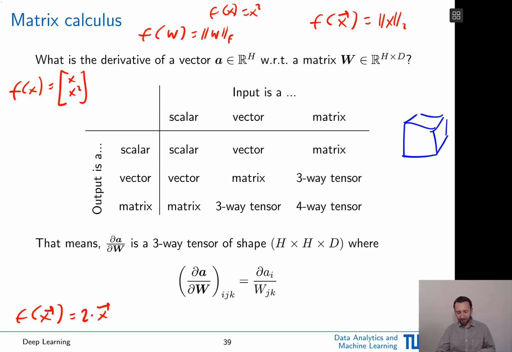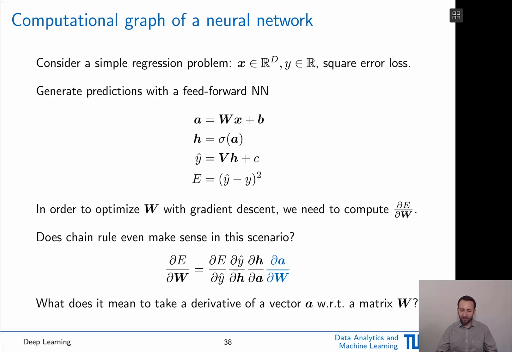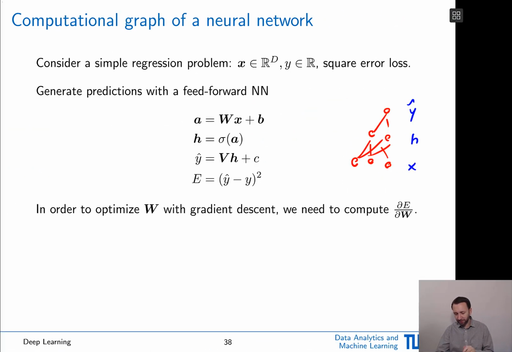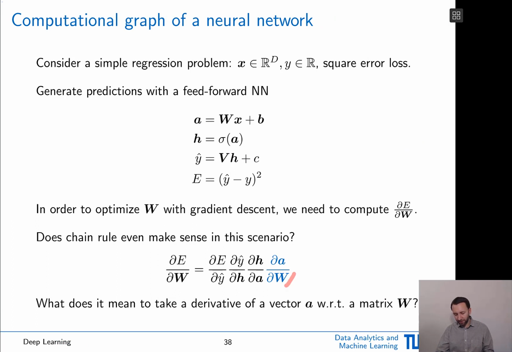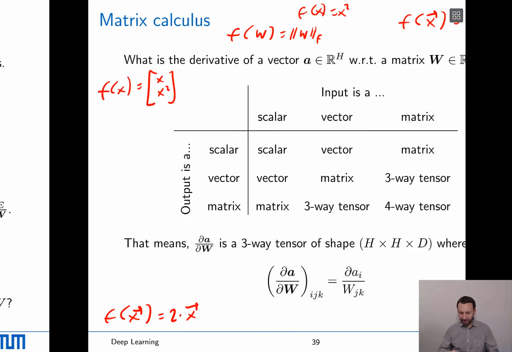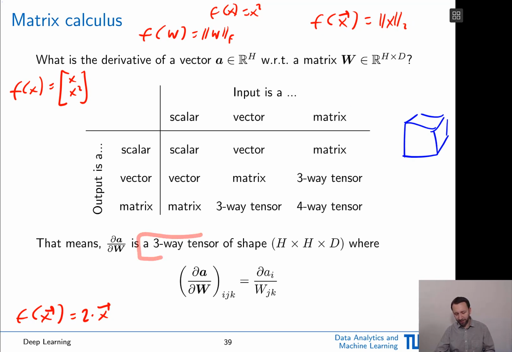So back to the actual question. In this simple one-layer neural network, one hidden layer neural network, which we had here, the local derivative contains this partial derivative of a with respect to w. Since a is a vector and w is a matrix, what we are getting here is a 3-way tensor.